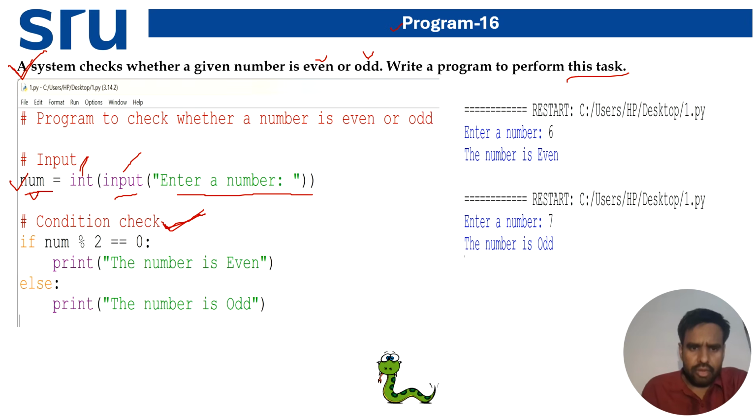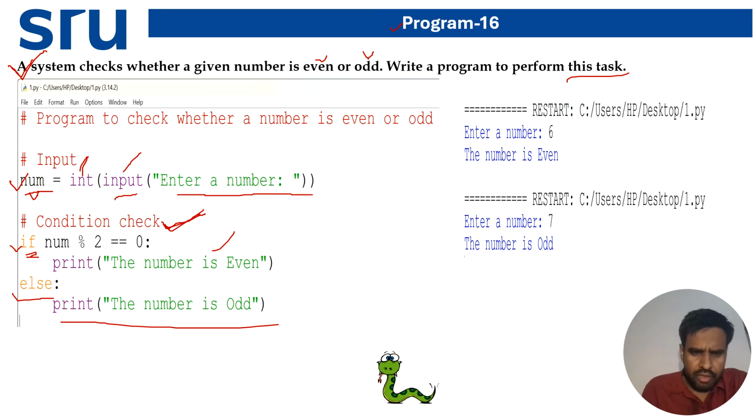So what is the condition I am giving? I am giving the condition if, and I will discuss it in the conditional statement section. If num modulus 2 equal to 0, that is, if you divide the number by 2 and the remainder is equal to 0, then print the number is even, else print the number is odd.